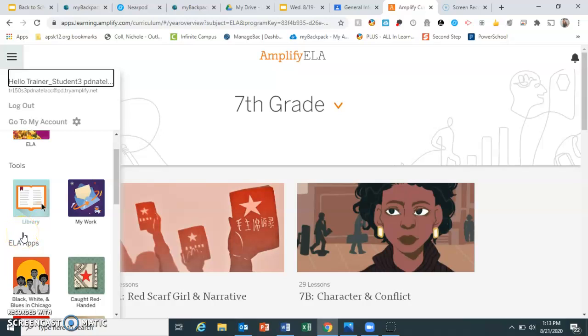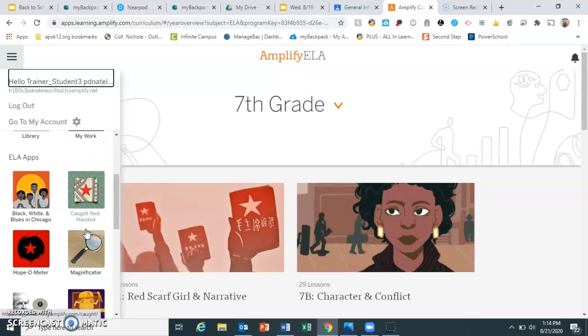This platform has so many ebooks already on it that you don't have to pay for. And it also shows you this tab right here, My Work. That's going to show you what has been assigned to you and what you need to complete.